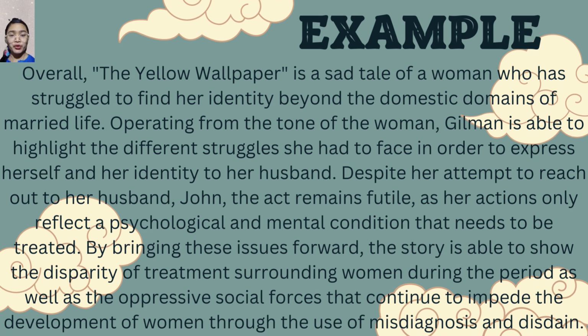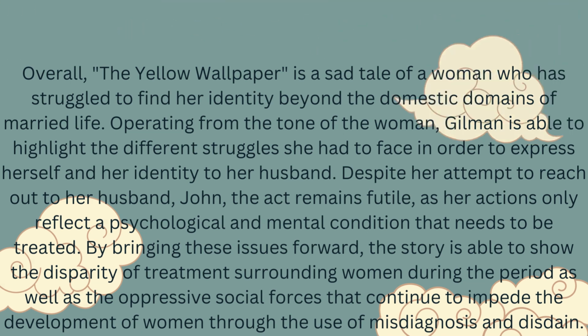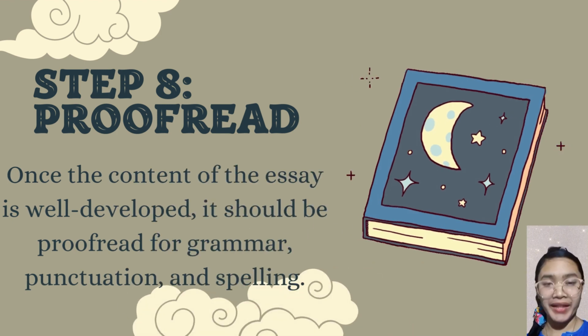Despite her attempt to reach out to her husband, John, the act remains futile, as her actions only reflect a psychological and mental condition that needs to be treated. By bringing these issues forward, the story is able to show the disparity of treatment surrounding women during the period, as well as the oppressive social forces that continue to impede the development of women through the use of misdiagnosis and disdain.